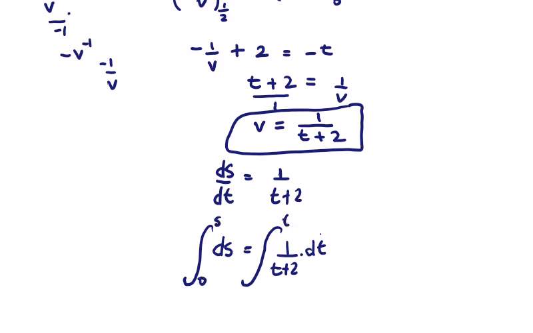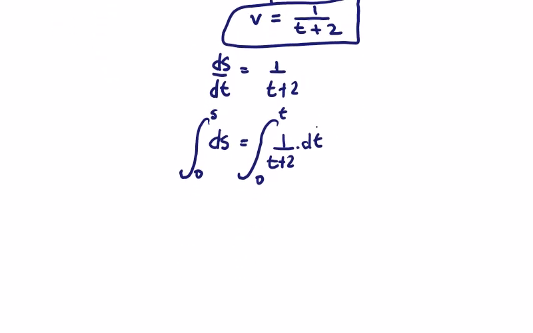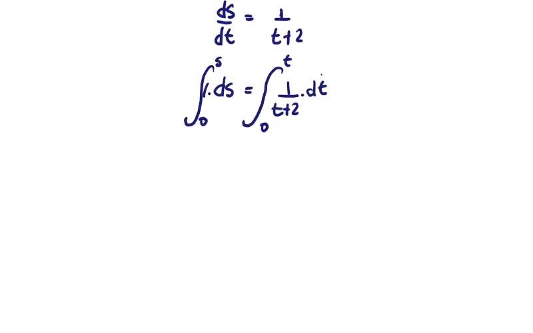s and 0, t and 0, we will get 1 dot ds is just going to give s between s and 0. You don't need to put that in at this point. So we're going to get the log to the base e of t plus 2 between t and 0.